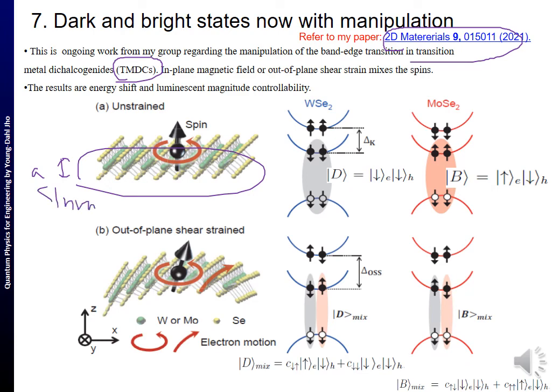In this case, for certain transition metal chalcogenides like WSe2, tungsten diselenide, and MoSe2, molybdenum diselenide, their lowest energy states are very different in terms of spin.